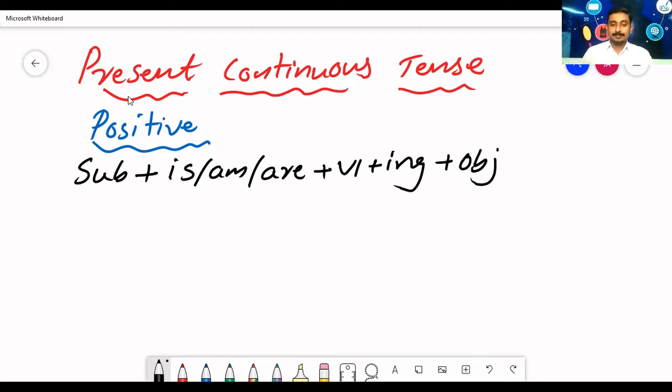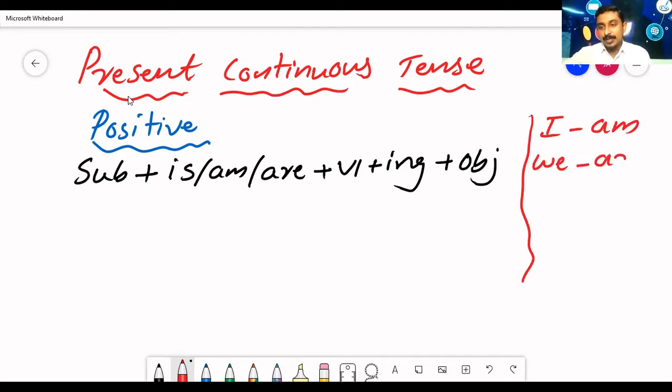This is the structure. Now we'll have a doubt. Where shall I use is? Where shall I use am? Where shall I use are? With I, you need to use am. We is plural, so are should be used. You is both singular and plural, so are is to be used.